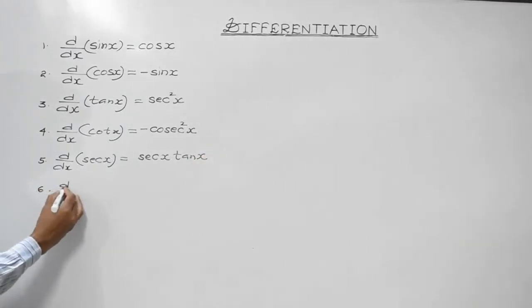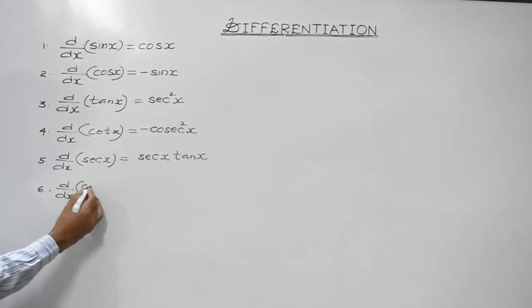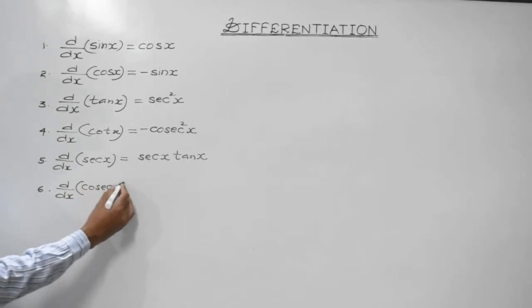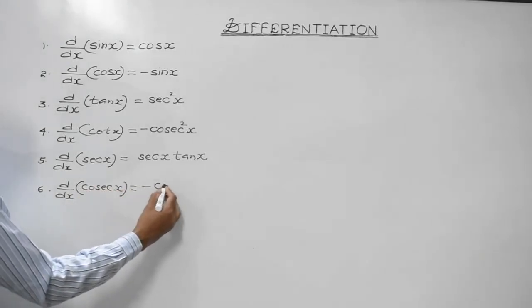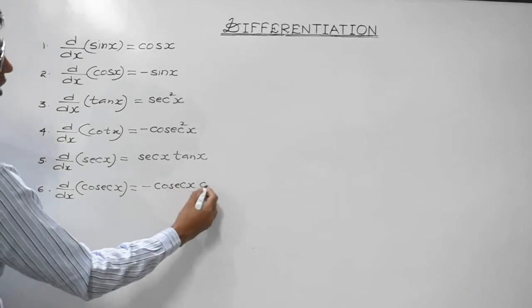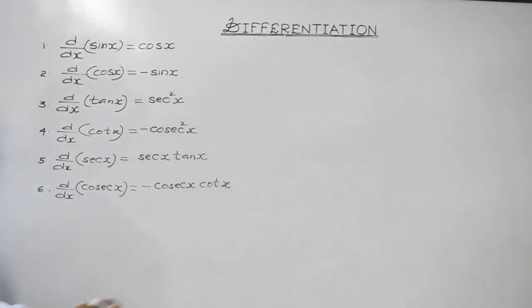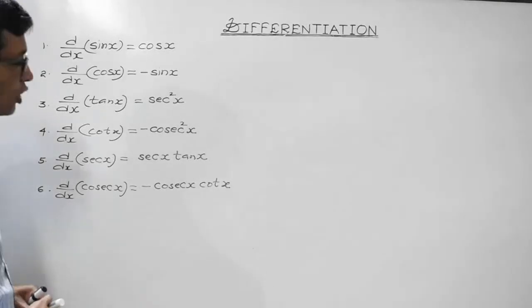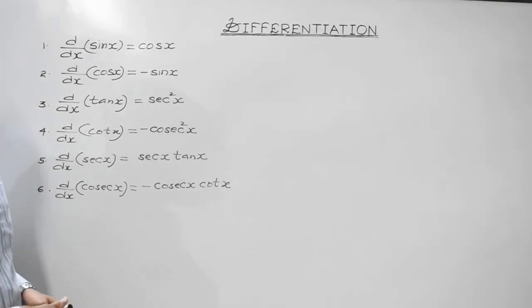And differentiation of cosec x, it is, students, minus cosec x cot x. So these are the derivatives of trigonometric functions: sine, cos, tan, cotangent, secant and cosecant, right?